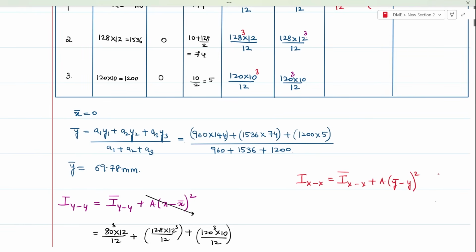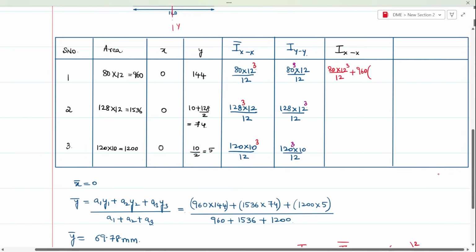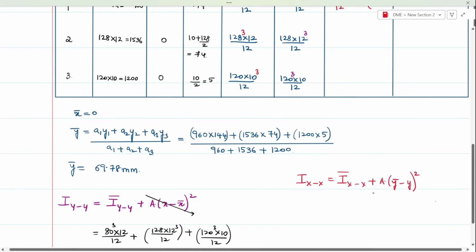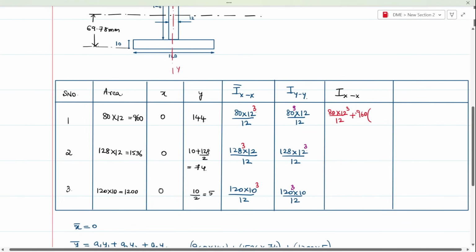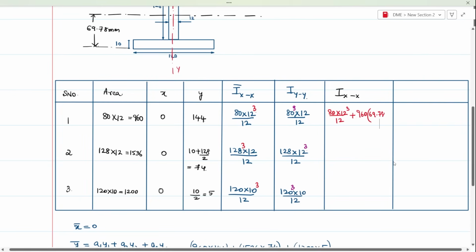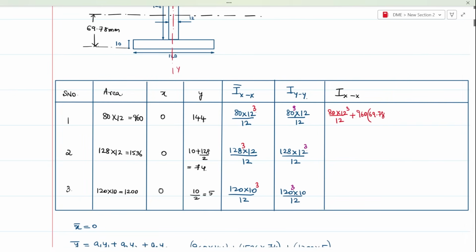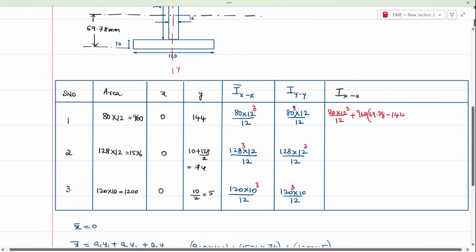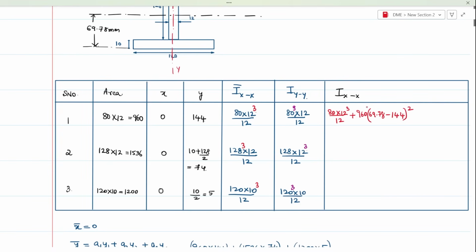Nothing wrong in that, as it is squared, so the negative sign influence will not be there. Now, y bar is 69.78 and y is 144. So 69.78 minus 144 I need to write. This will be Ixx for area number 1.